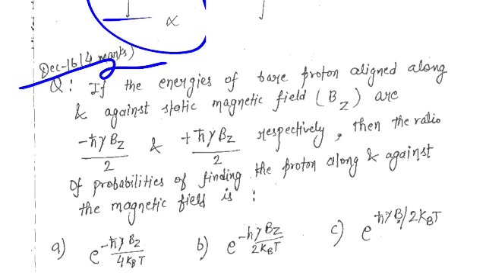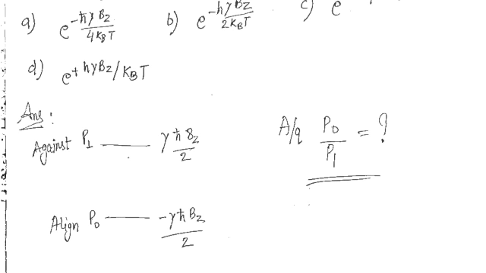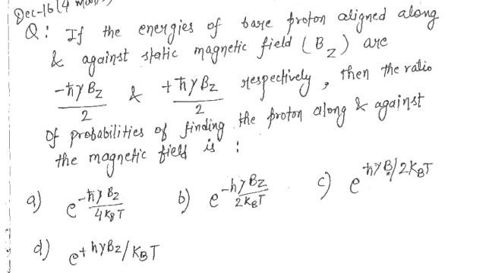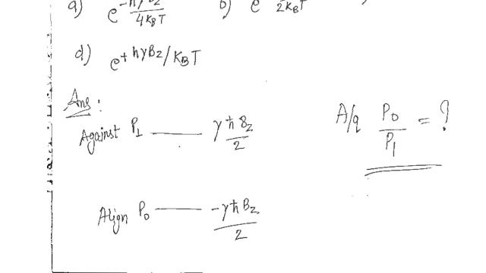Alright, and the 4 options are given to us. Now here these are two energy levels, and we designated their probabilities as P0 and P1, and the energies, as you can see, are gamma h cut Bz upon 2, and the same with opposite sign for the excited state. And according to the question we have to determine P0 upon P1.